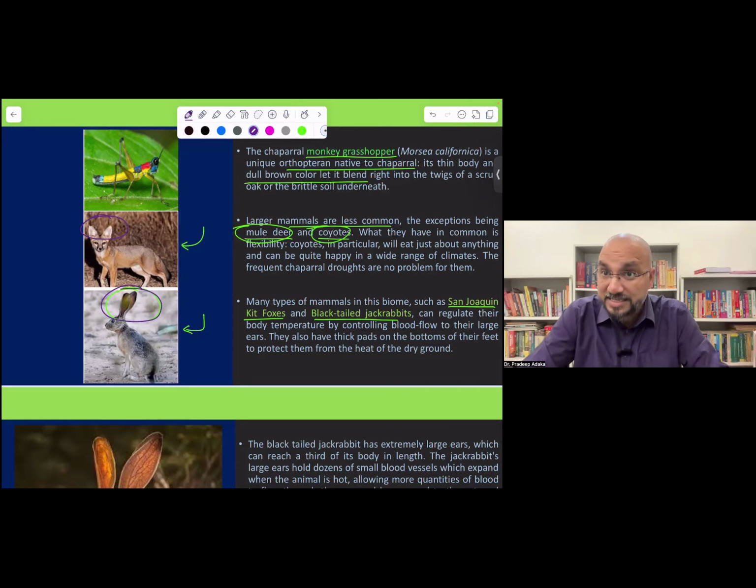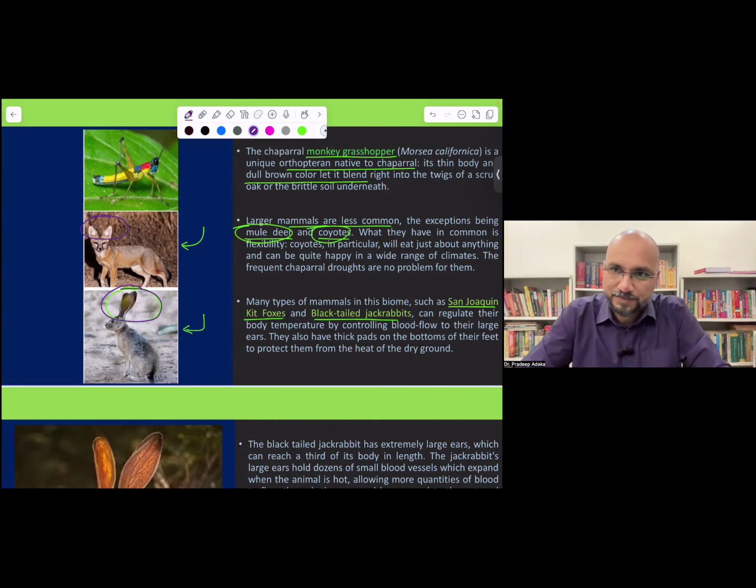Now these large ears help in regulating the body temperature. Because the summers are very hot and dry, they can regulate the body temperature through these large ears. In very cold polar regions, the ears become very small to reduce the heat loss, whereas in warm areas you see very large ears to lose the heat.